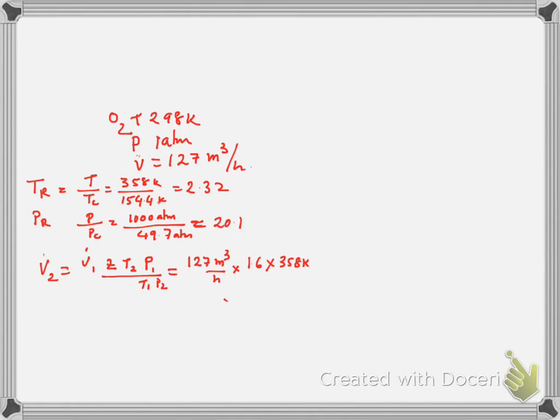And then P1, which is the atmospheric pressure, 1 atmosphere, divided by T1, which is 298 K, and P2, which is 1000 atmospheres.